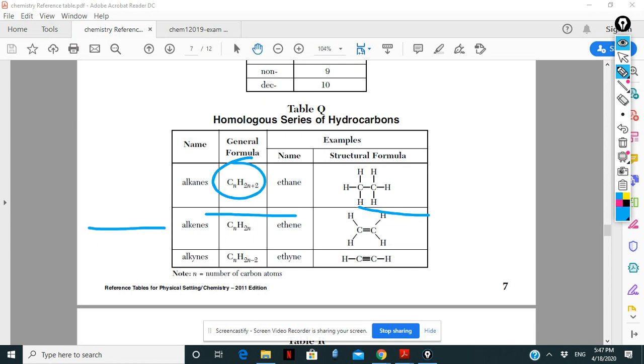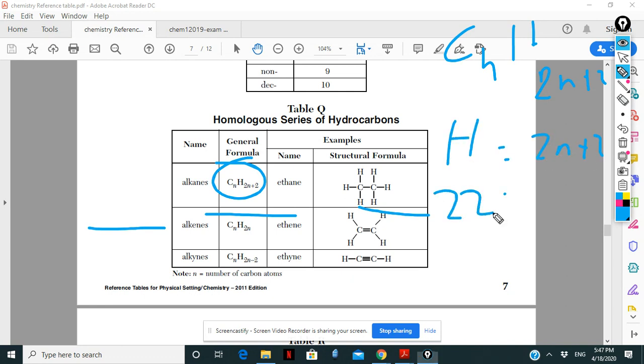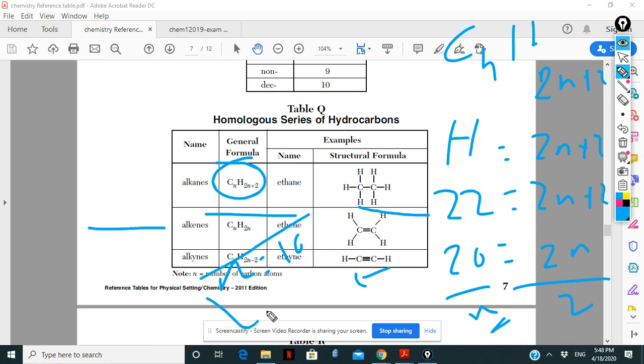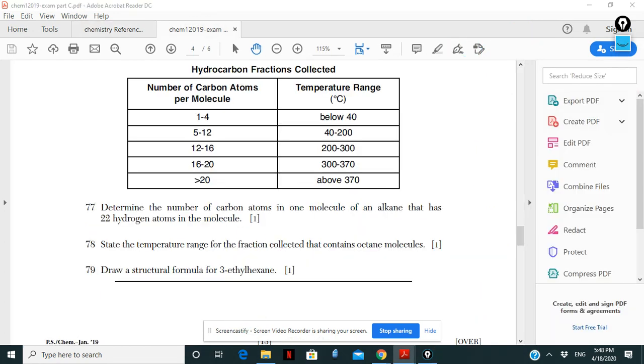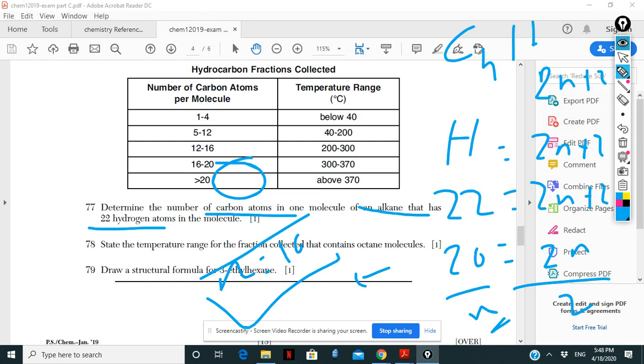The formula for alkane is CnH2n+2. The hydrogen number is 22, so 22 equals 2n plus 2. Subtract 2, so 2n equals 20. Divide by 2, so n equals 10. So the number of carbons must be 10.